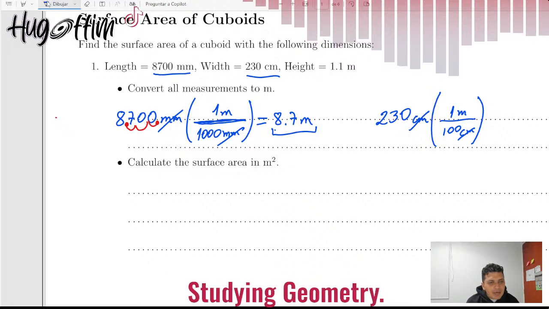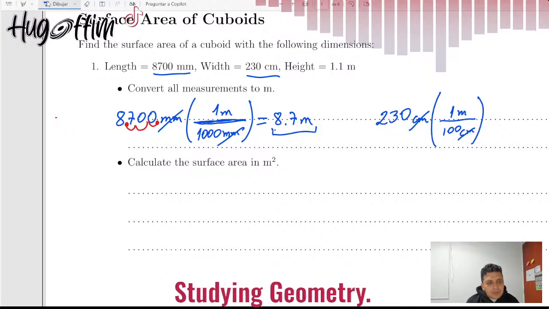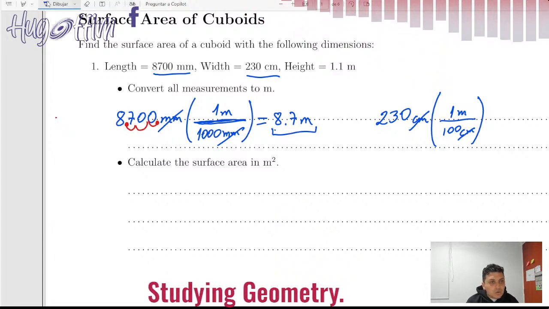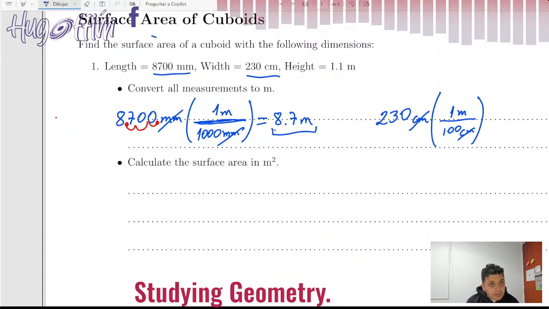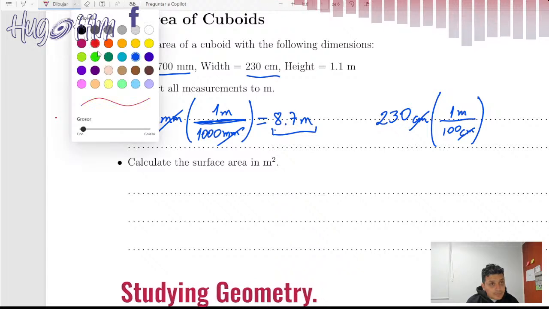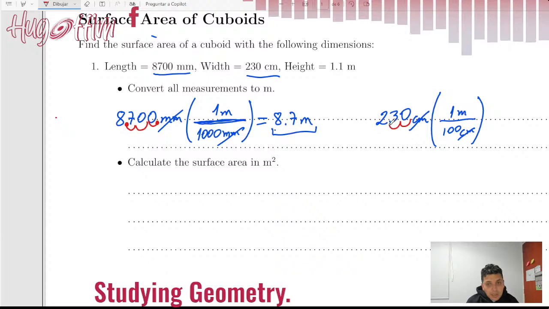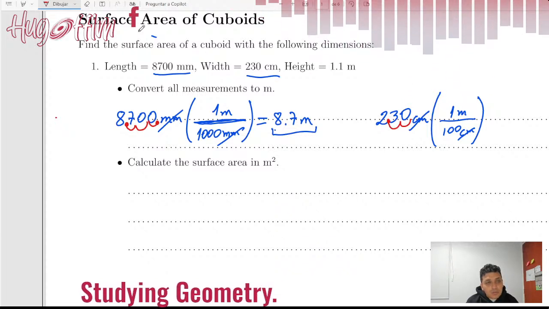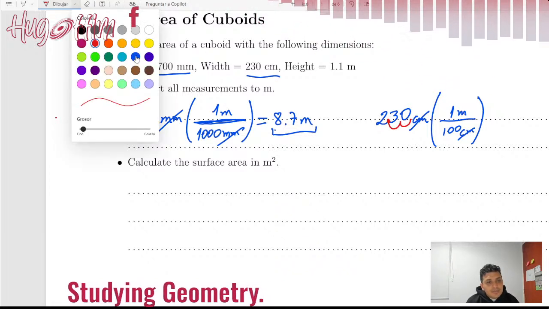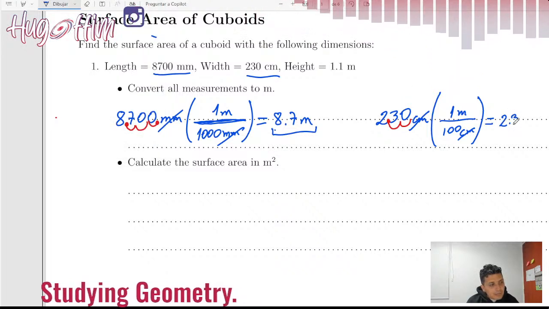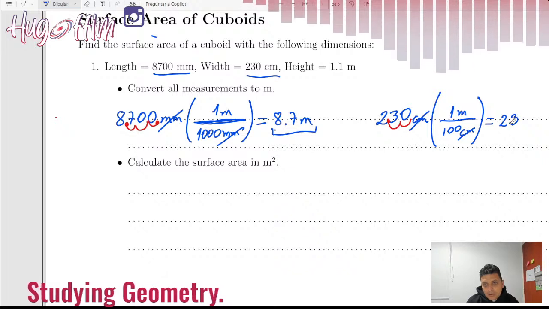To perform this division, I just need to move the decimal point twice to the left: 1 and 2. So I'm going to get 2.30 meters, or 2.3 meters.